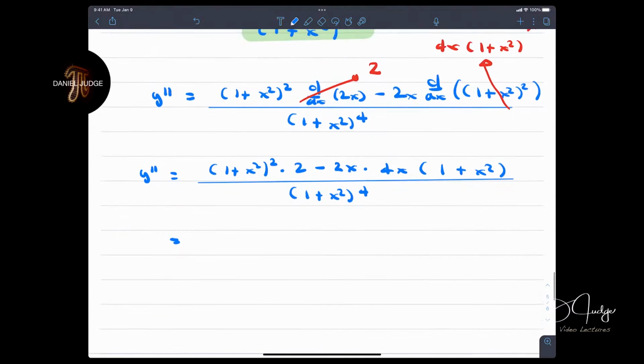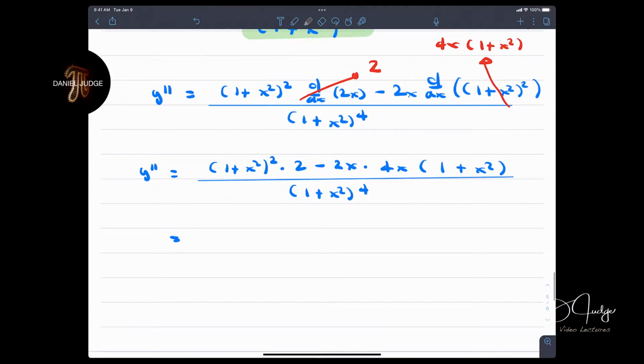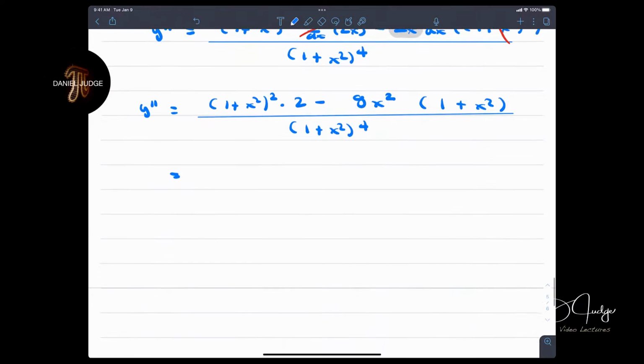And let's double check. 2x times 4x, and that's 8x squared, by the way. So I'm going to put it here. I'm going to factor out the greatest common factor for the numerator, which is 2, 1 plus x squared to the first power.